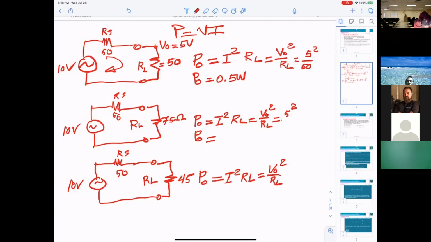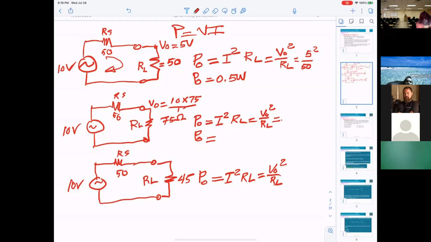No, it's not 5 squared. Sorry. You have to calculate the voltage V out. Okay, 10 times 75, divided by 50 plus 75.